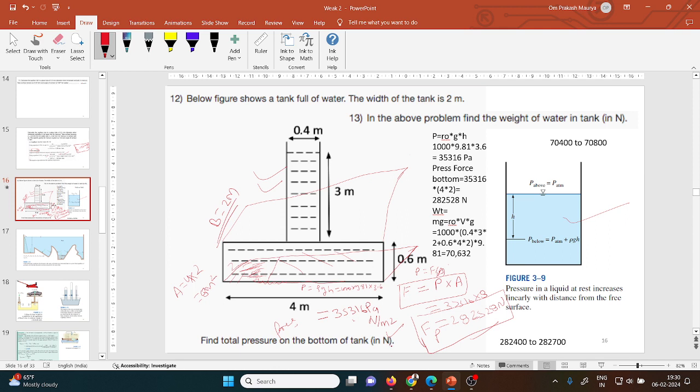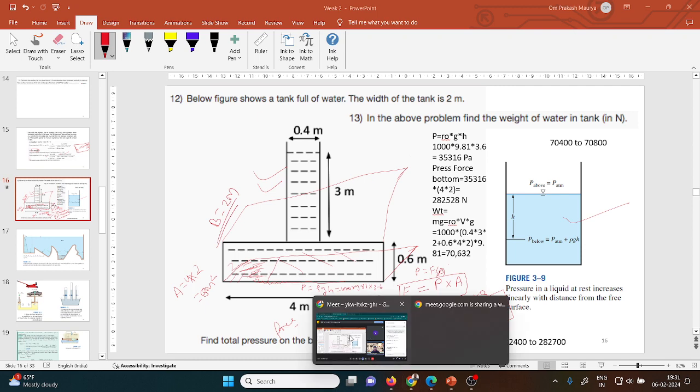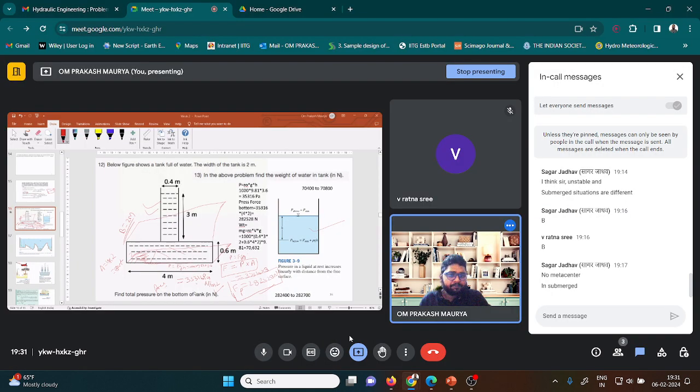So for weight, just try. I will give you 2 minutes for that. Actually, what is the weight formula? If you go from the very basic, what is the meaning of weight, then you can calculate easily. So please try to attempt the question. I will give you 1 minute, Ratnasri. If you are not able to, then I will explain.